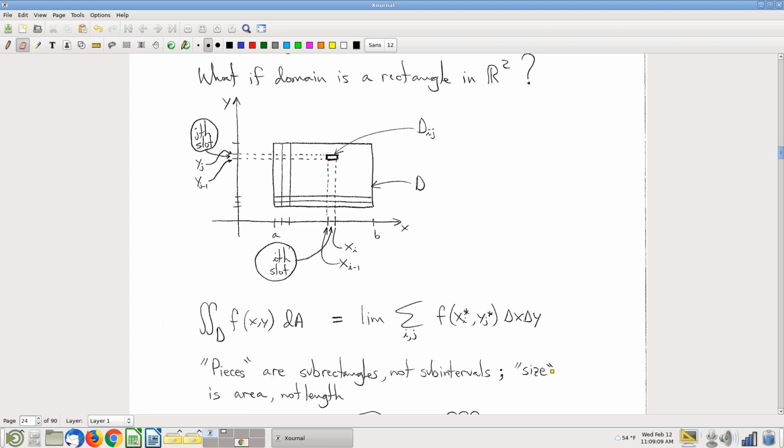So here you go. On each little piece, we're going to multiply the value of some function times the size. We're going to add up over all the pieces, and then we're going to take a limit to make round-off errors go away. There's a few details we need to talk about, but other than that, that's the big picture idea.